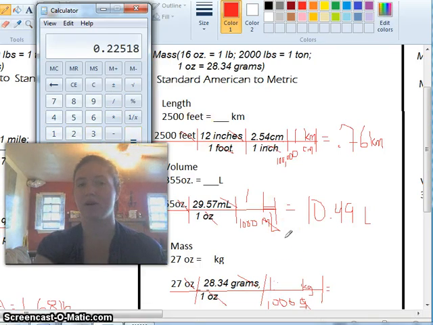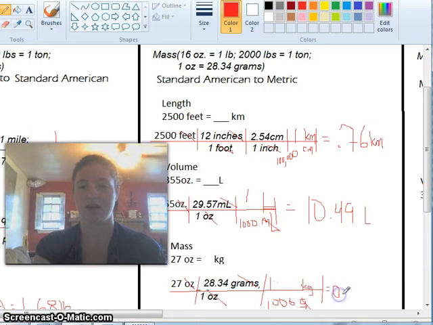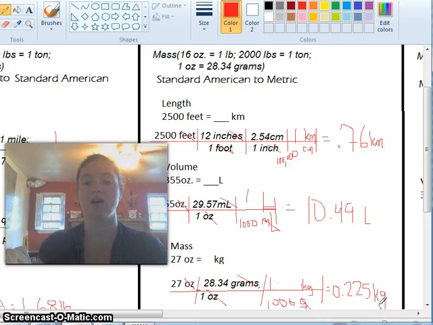And I end up with 0.225 kilograms. Now, one of the things that you should have noticed is that all of these, really you need to have a calculator. None of these conversions are ones that you can simply do in your head without having some problems.